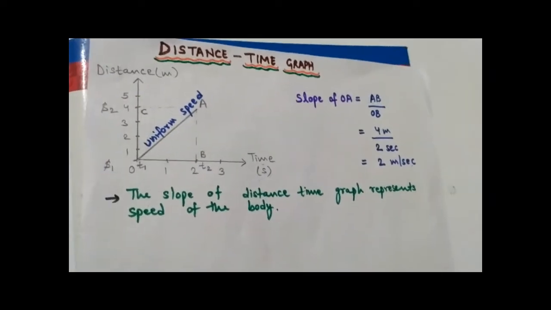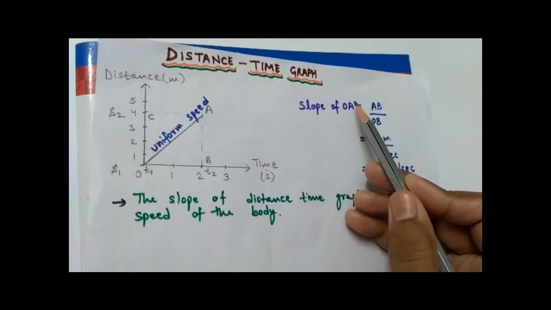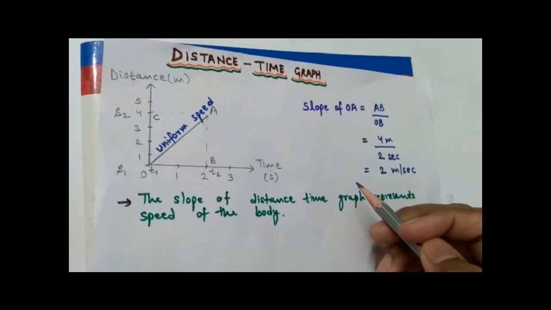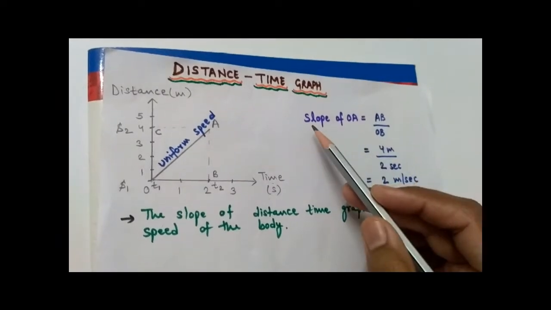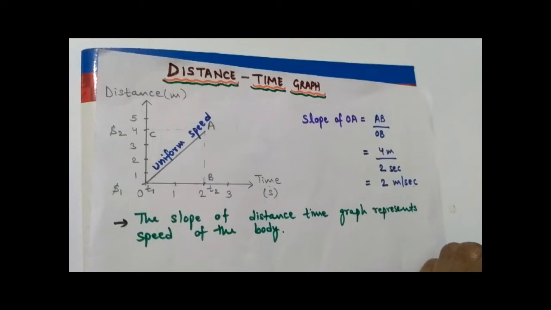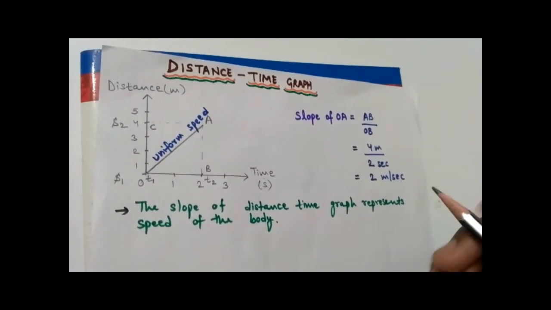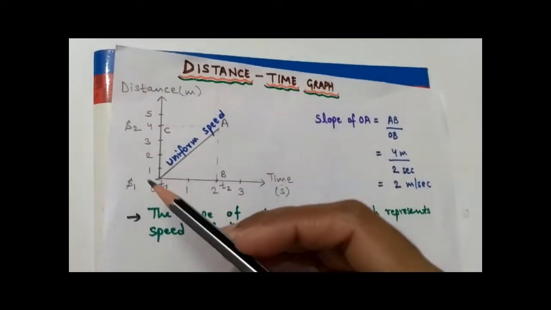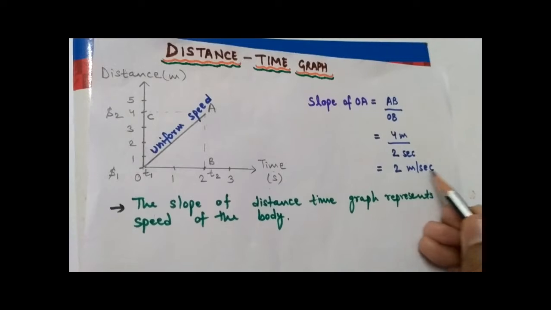Okay, so in general, if somebody asks you to calculate the slope of any line, then you will not write any unit. Why? Because mathematically the slope of any line is a unitless quantity. Okay, it doesn't have any unit, but here it is representing the speed of the body. That's why it has this unit.